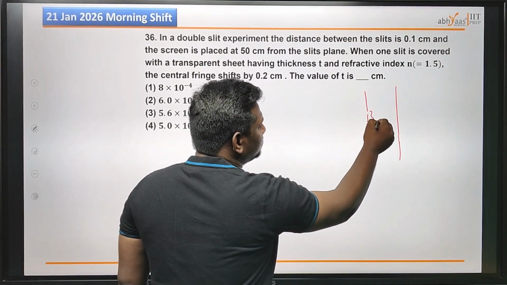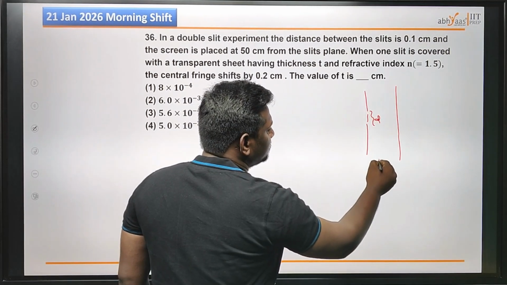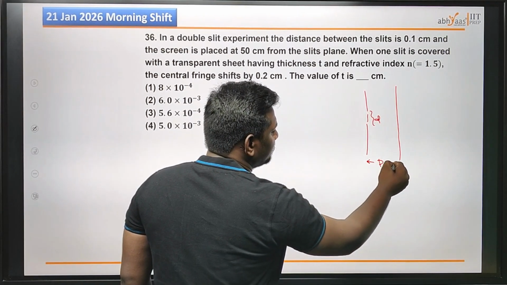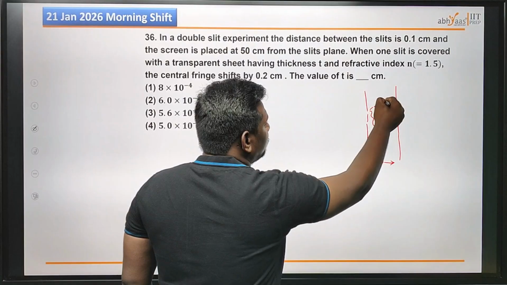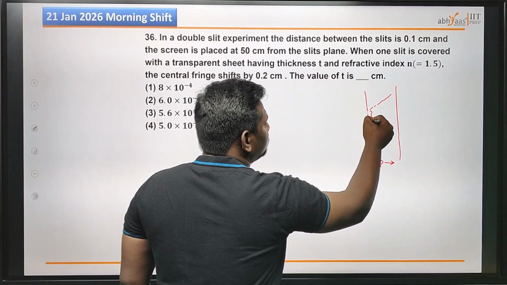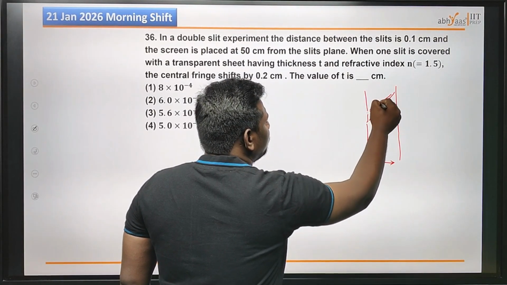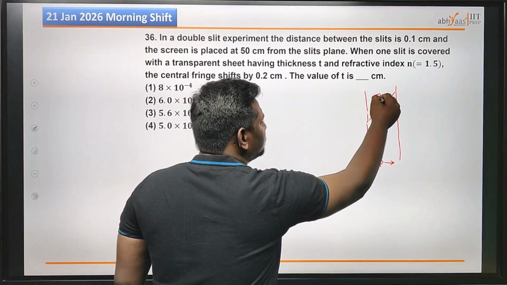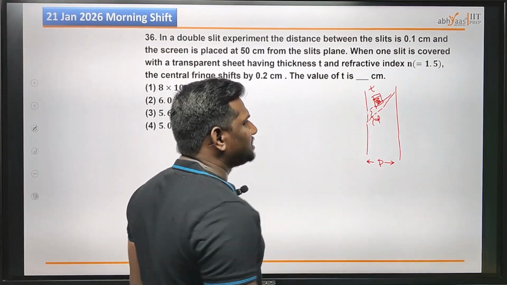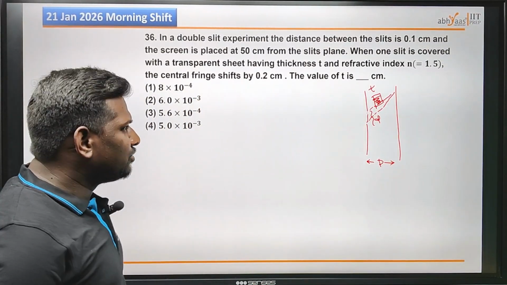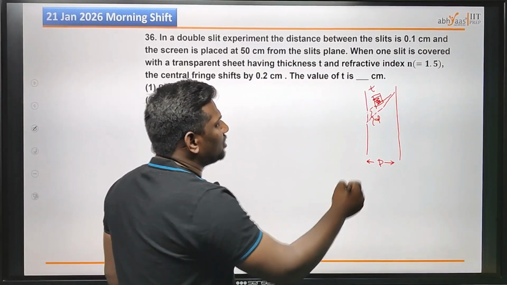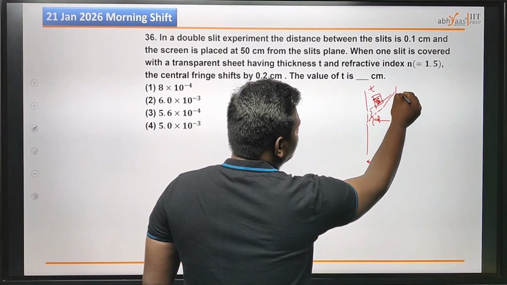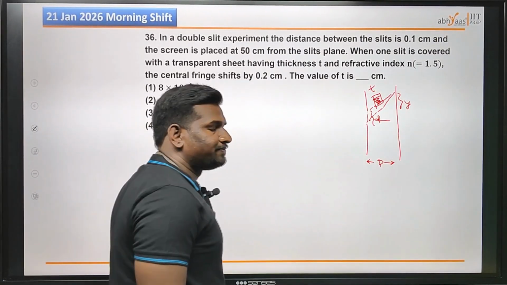This is our small d and this is the capital D. One wave is going like this. If we introduce one transparent sheet here of thickness t and refractive index mu, what you have to find is this shift y.